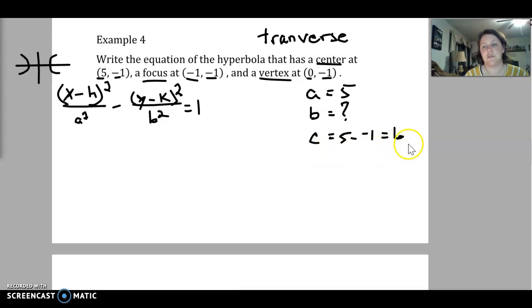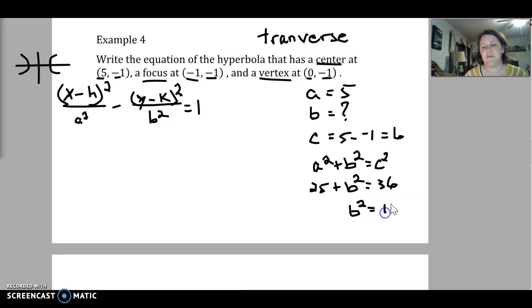So c equals 6. Now we can go ahead and use the equation a^2 + b^2 = c^2. a^2 is 25, b^2 we do not know yet, and c^2 is 36. So subtract 25 from both sides, and we get b^2 equals 11.